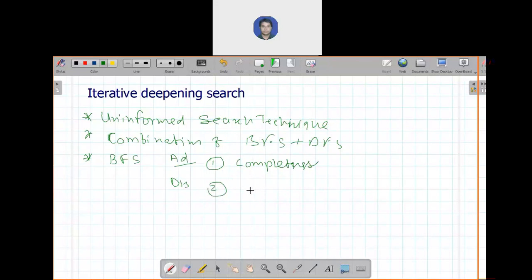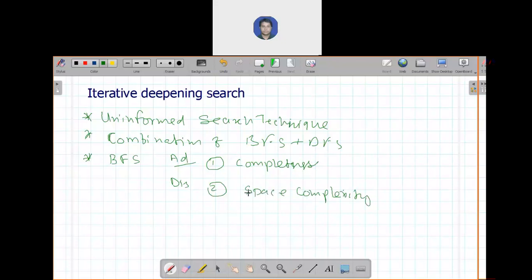It uses a lot of memory, or consumes a lot of resources. The space complexity is very high. In the case of BFS, it will search the whole search space, all the possible nodes. So when you search all the possible nodes, it will consume a lot of memory.